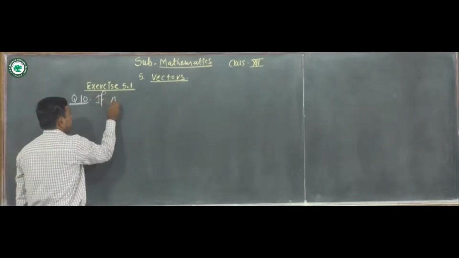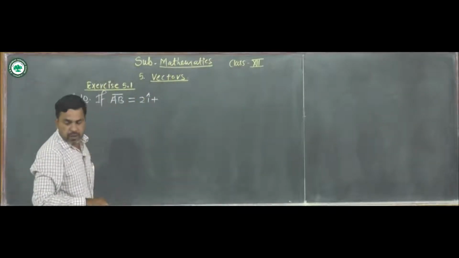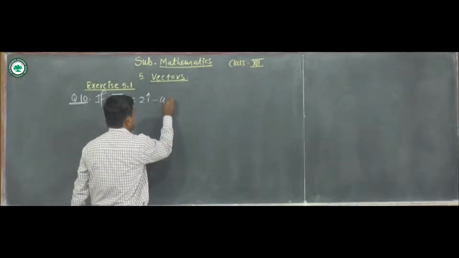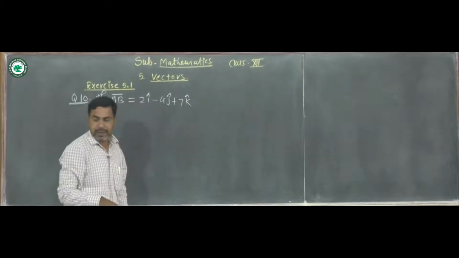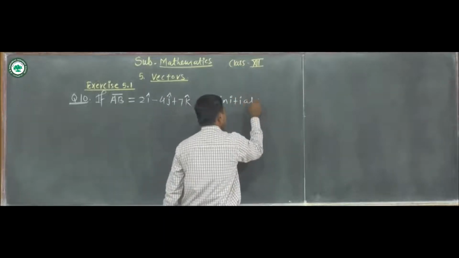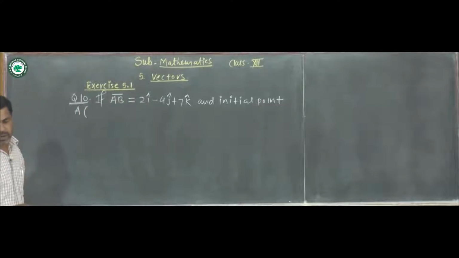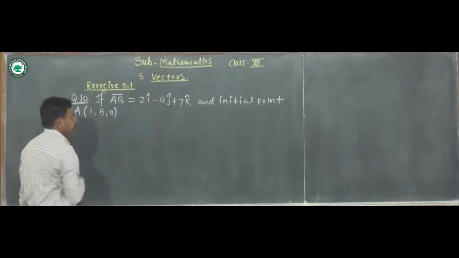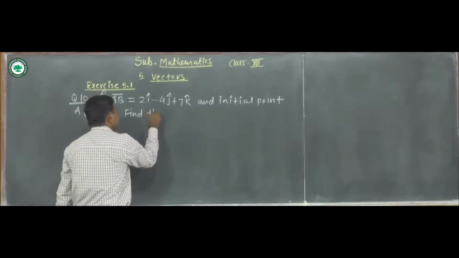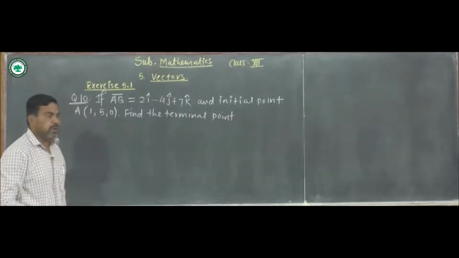If AB bar is equal to 2i cap minus 4j cap plus 7k cap and initial point A is (1, 5, 0), having coordinates 1, 5, 0. Find the terminal point B.